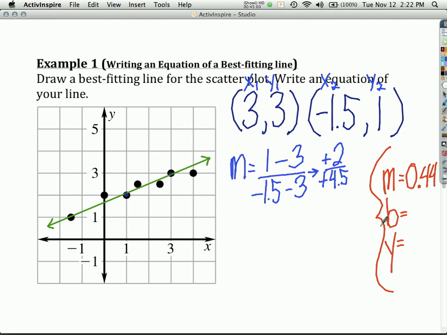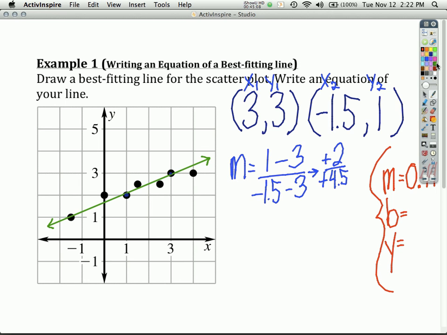So now we need the y-intercept. So we have the slope, we have a point. Let's get the y-intercept. So we plug everything into y equals mx plus b. We've been doing this for a while now. Y, we can use this point because it's nice and easy. Y is 3. The slope is 0.44.